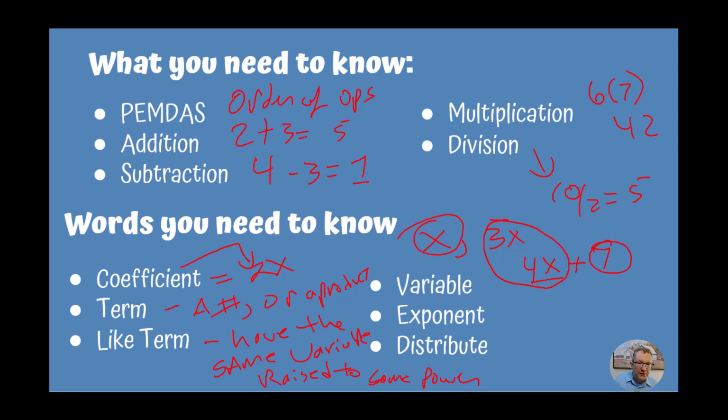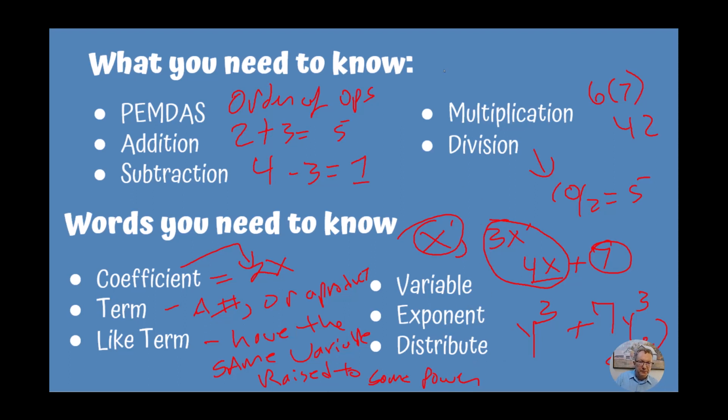Those are all like terms because they have the same variable and the same exponent of 1. y cubed and 7y cubed are like terms because they have the same variable and exponent. Exponent, well, that's just a power.